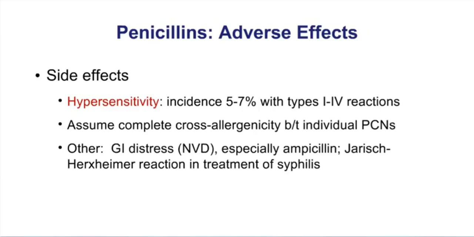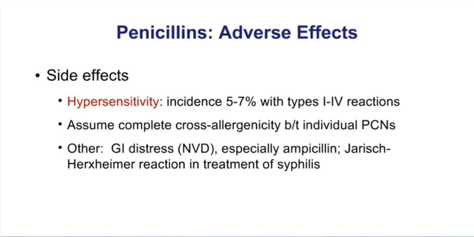Easily the most popular side effect for a penicillin is hypersensitivity reactions. In fact, all types of hypersensitivity reactions can occur. That would include types 1, 2, 3, and 4. Anything from a mild rash to anaphylaxis could occur with a penicillin. And the type of reaction will predict whether or not we would ever consider giving that patient a penicillin or even a beta-lactam ever again.